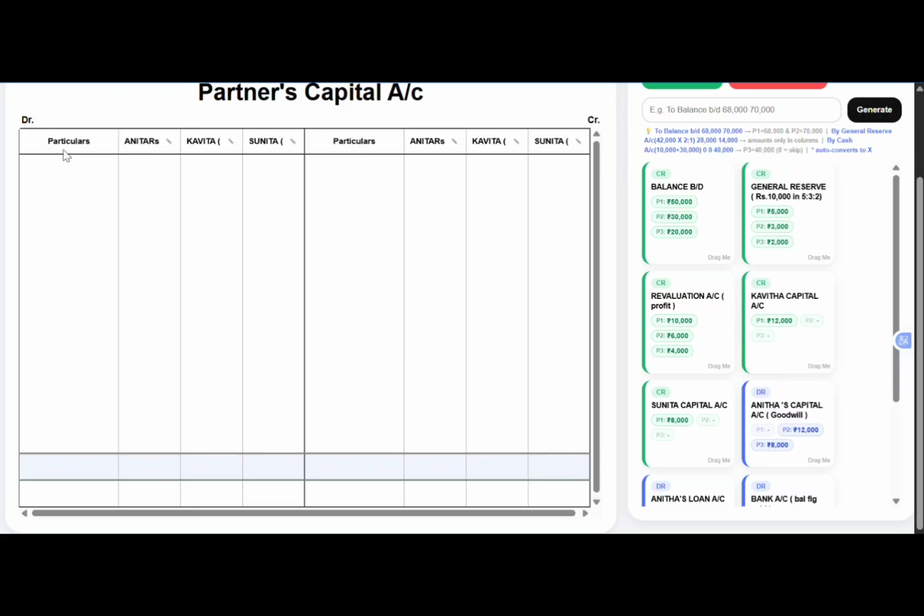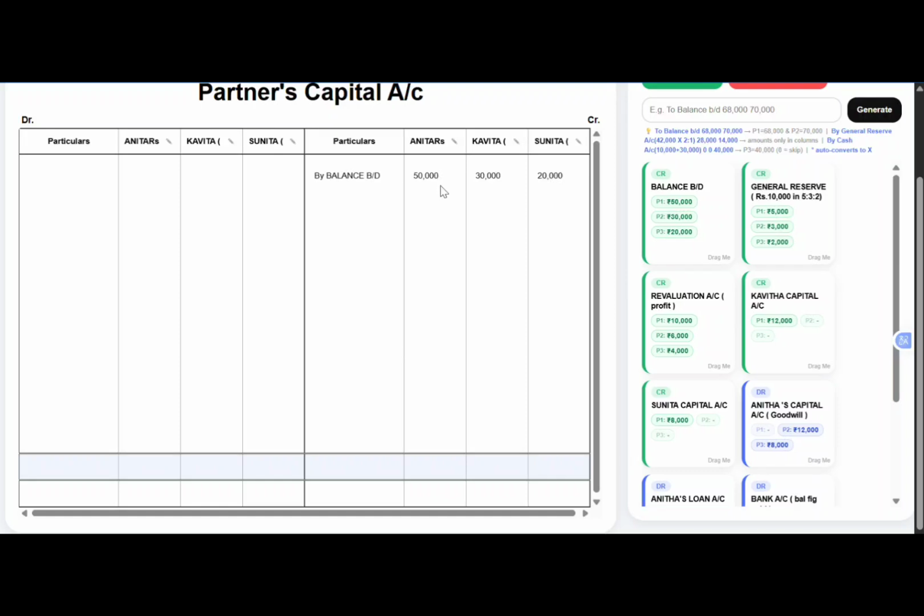So we have on the debit side all the three partners, Anita, Kavita and Sunita. And on the credit side also we have Anita, Kavita and Sunita. So first we need to bring down the capital which is given in the balance sheet, which will be treated as the opening balance of the partner's capital account, which will be brought down on the credit side of the partner's capital account as by balance brought down.